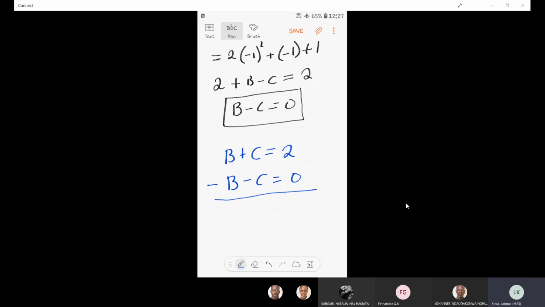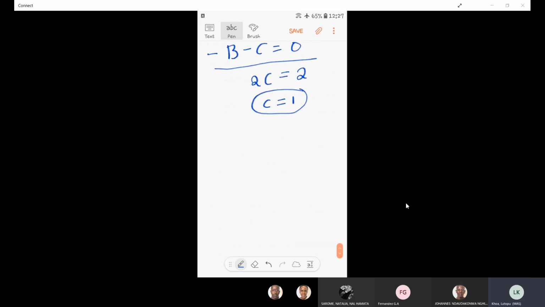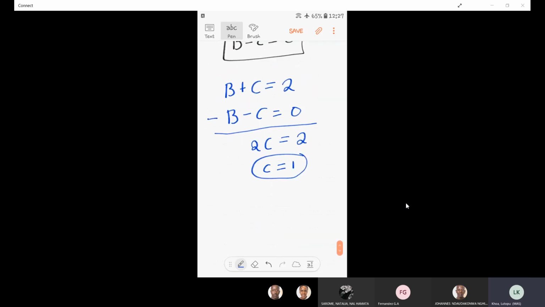B minus b is 0, c minus negative c, this is just 2c, and this is 2, and this means that c is equal to 1. So that's my first solution. And then when I substitute it back in there, if I know that c is equal to 1, it obviously means that b is equal to 1 as well.